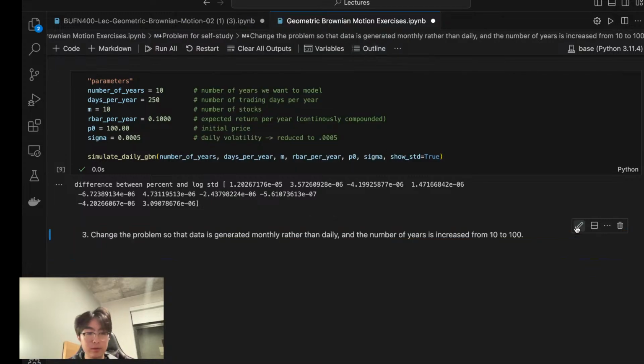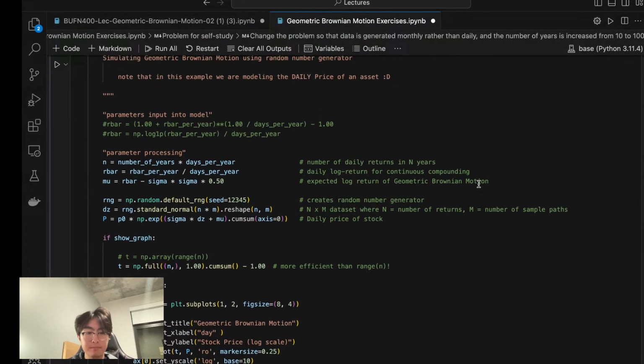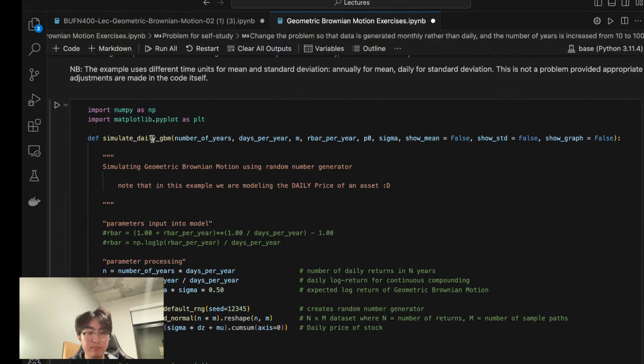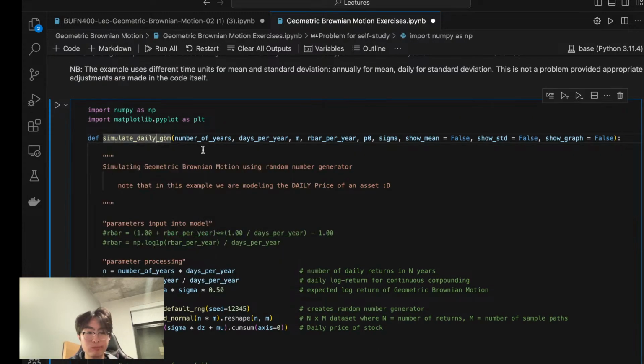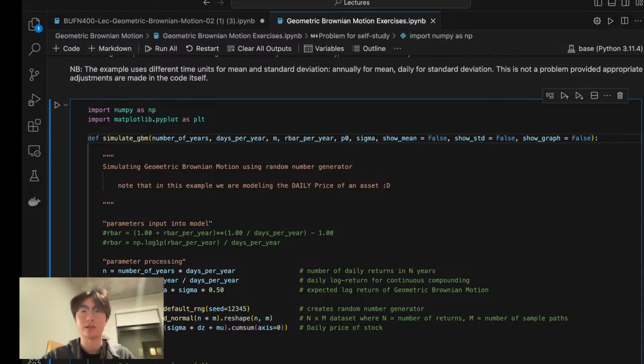Mark down. Okay, I guess we can just modify if you want to change this problem to monthly or daily.